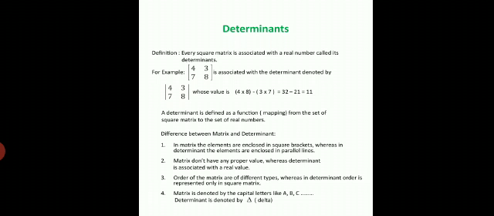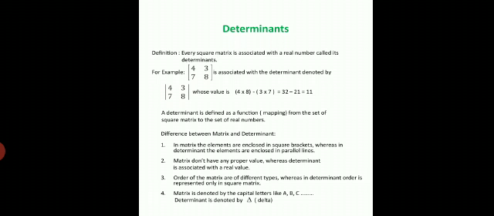That is given here in an example. We have 4 elements, they are 4, 3, 7, 8, associated with the determinant, denoted by writing the numbers within two parallel lines. Its value is found by multiplying crosswise, that means diagonally, and finding their difference.